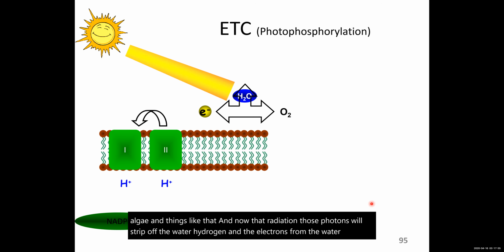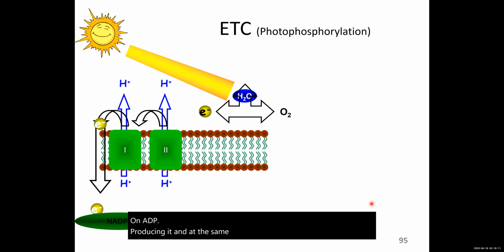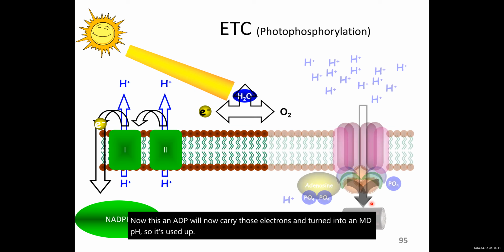And so those electrons can then go the same pathway, just like we saw kind of in reverse in the electron transport chain. And those electrons ultimately will land on NADP, and at the same time, also spit out hydrogens or protons between the membranes. Now this NADP will carry those electrons and turn into NADPH, so it's used up.